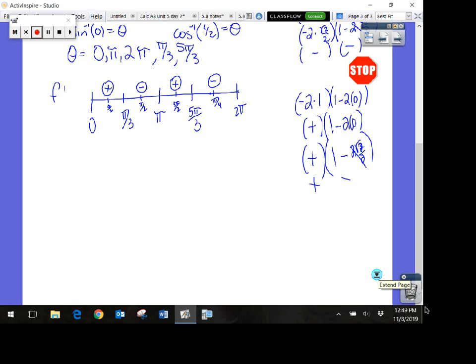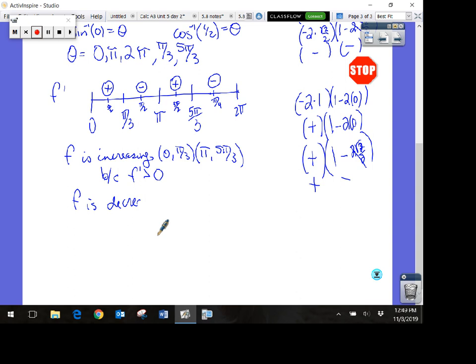Same question as before. F is increasing. Don't say it. Name what is increasing. F is increasing from 0 to pi over 3, pi to 5 pi over 3, because F prime is greater than 0. Always the reason for increasing.